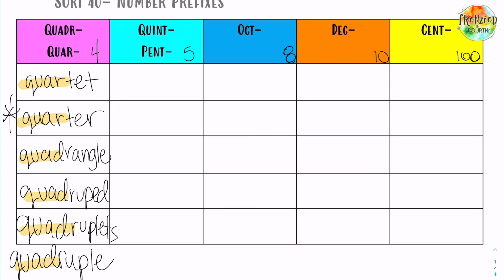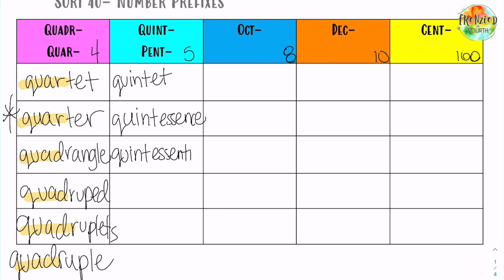Let's go ahead and skip next door to quint and pent, which both mean 5. We have fewer words, but we have quint and pent, all meaning 5.